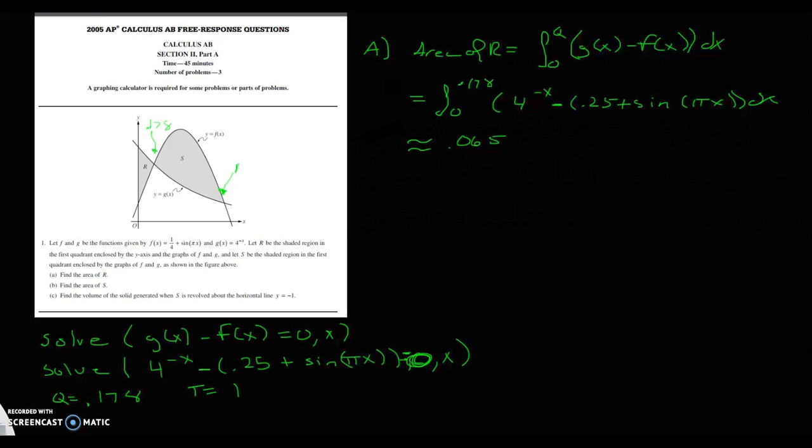Use your TI Inspire. Make sure what you type in is exactly what you want, because I could see people understanding the concept but just messing it up because they typed in the wrong function.